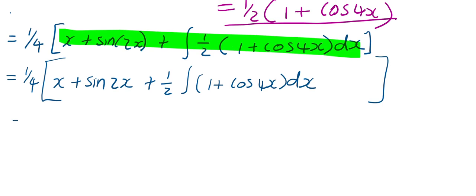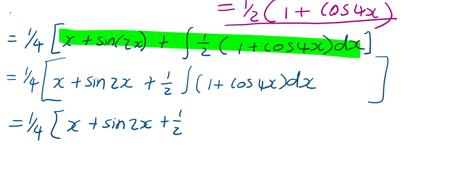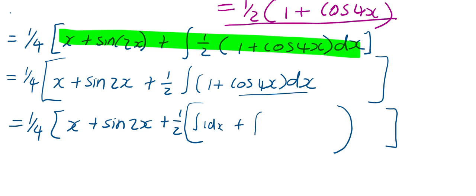So now this is equals to 1 over 4, open bracket, x plus sine of 2x plus 1 over 2. Be careful, this 1 over 2 also covers everything in there, so I can put another bracket in there like this. So this will be integral of 1 dx plus the integral of cos of 4x dx.